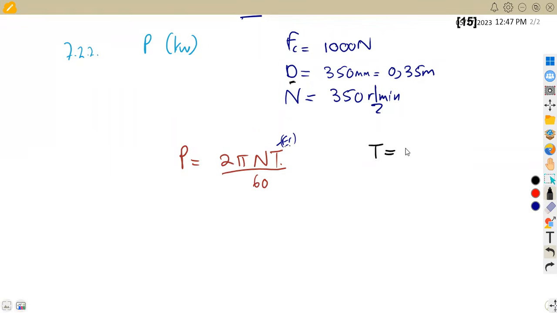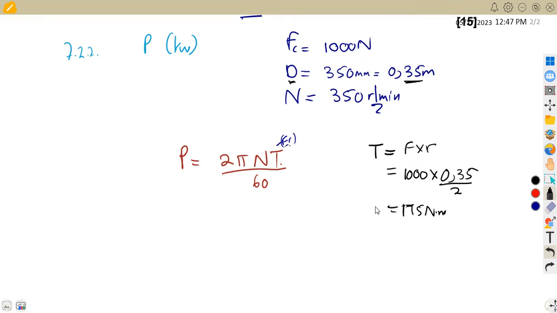So this is going to be force times radius, which is simply the force of 1,000 Newton times the radius, which is taken as the diameter over 2. So this is going to be 0.35 over 2. Diameter, you divide by 2. So this is going to give us 175 Newton meter.